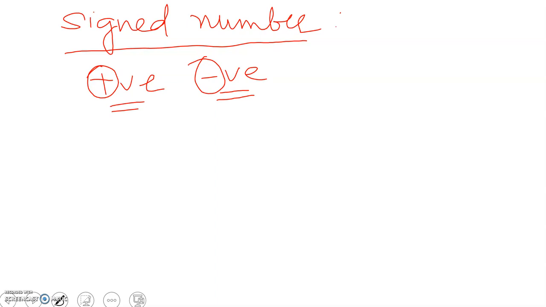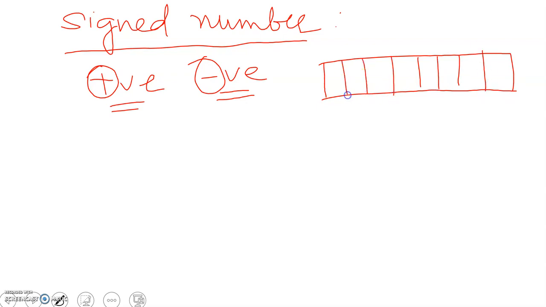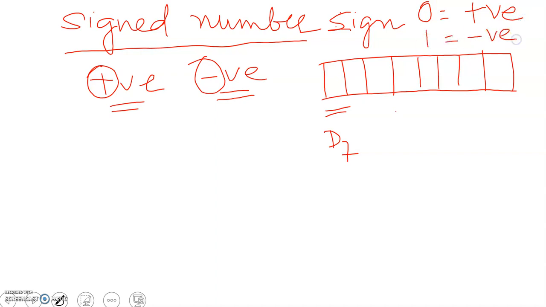So we have an 8-bit register where we can store the numbers. The most significant bit, the D7 bit, is reserved for the sign. If the sign bit is 0, then it is considered to be a positive number. If it is 1, then the number is considered to be negative.